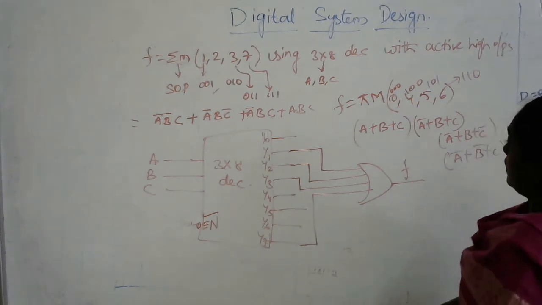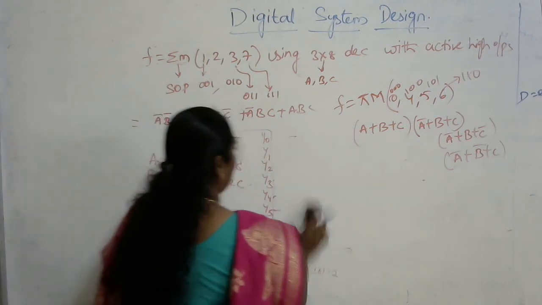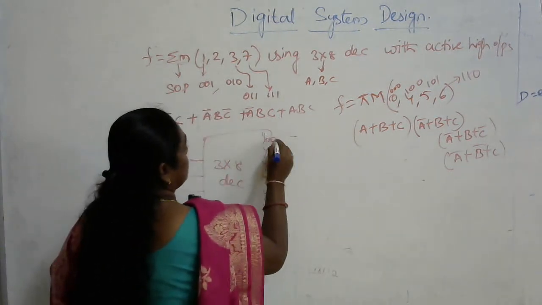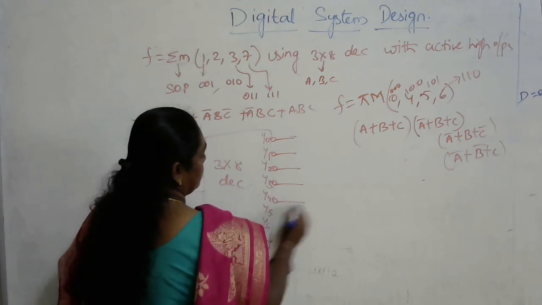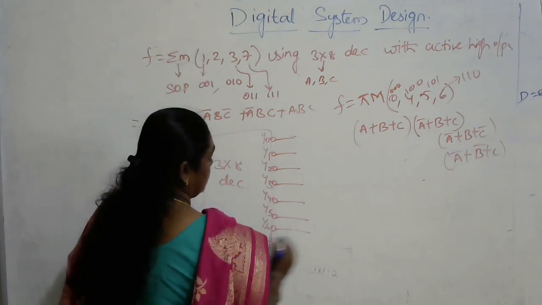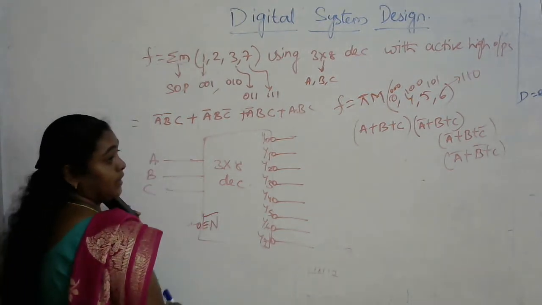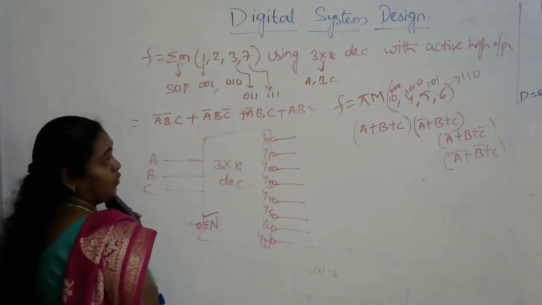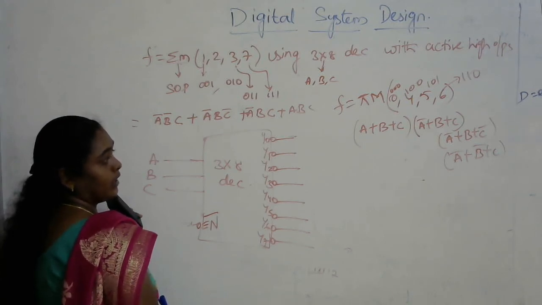So what we are doing here is, as all these are in which form? All these are active low, and we know that each output is nothing but an AND gate for the decoder. A bubbled AND gate is equivalent to a NOR gate.